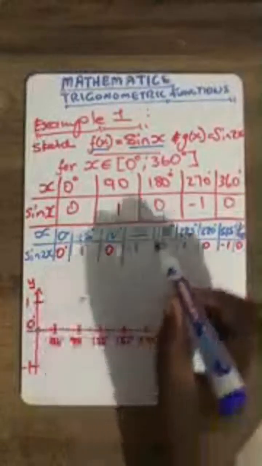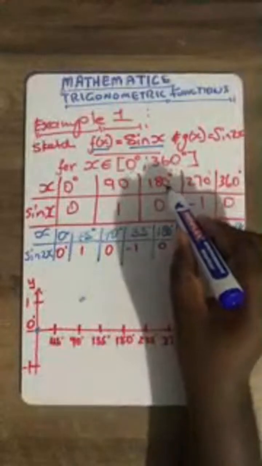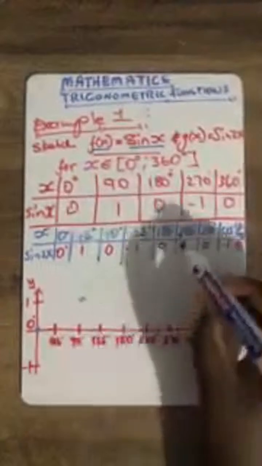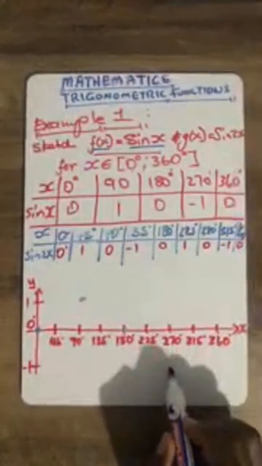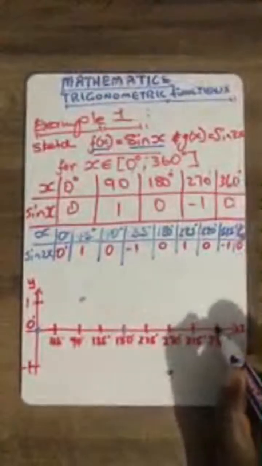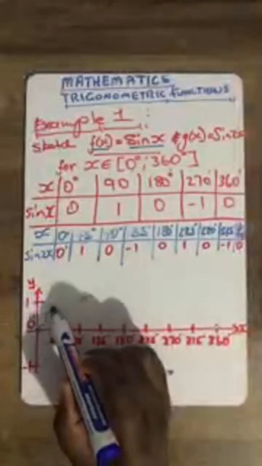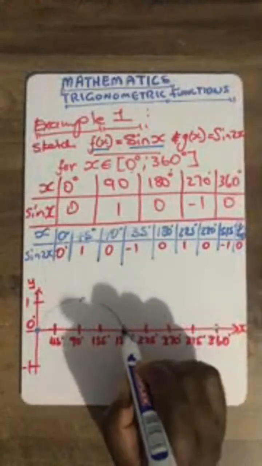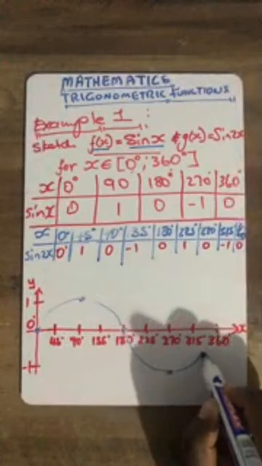And then where it is 180 is 0, then you put 0 there. Where it is 270 is -1 there. Where is 360, you put 0 there. Then what you can do is to just connect the dots, and that's how you sketch your function.